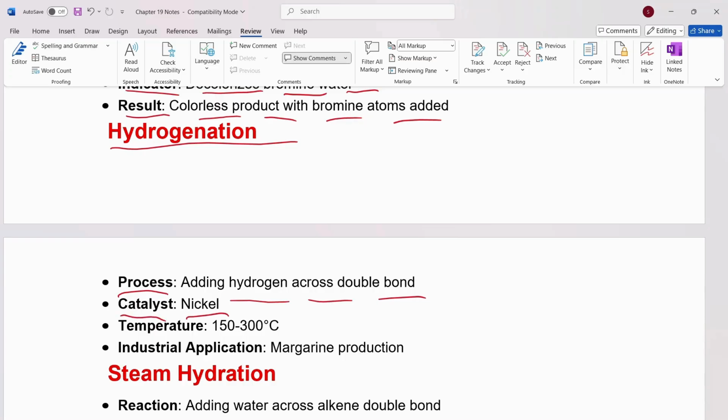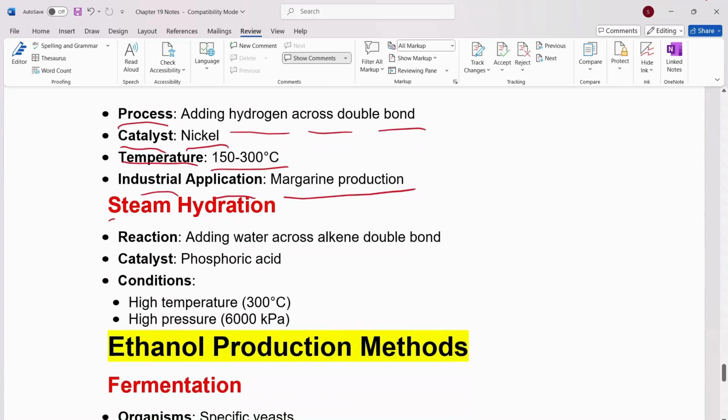Catalyst: nickel is used. Temperature of 150 to 300 degrees centigrade is maintained. Industrial application: used in margarine production. Now let's talk about the steam hydration reaction, adding water across the alkene double bond. Catalyst: phosphoric acid. Conditions: high temperature, high pressure.